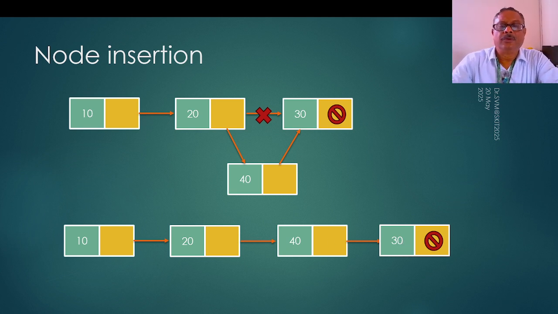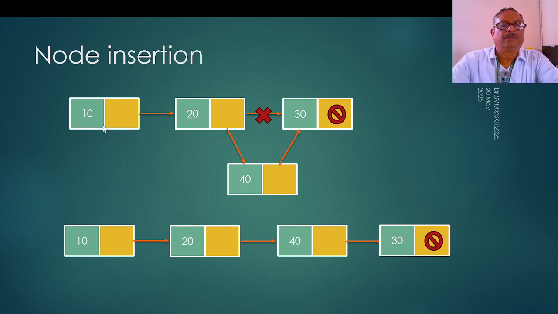So first is 10, then 20, then 40, then 30, and so on. To get this done, what is required is we need to create a new node, add the value to that, and make the appropriate links from node to node. That means just modify the address contents of the appropriate nodes.